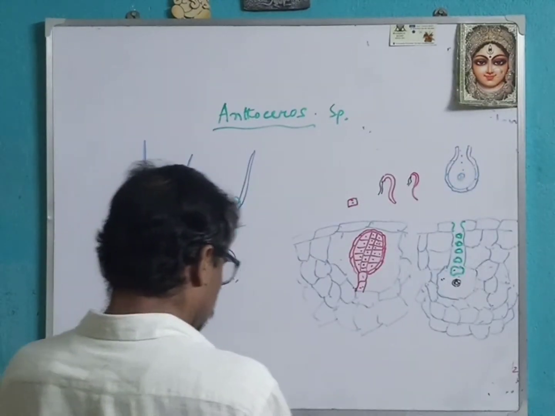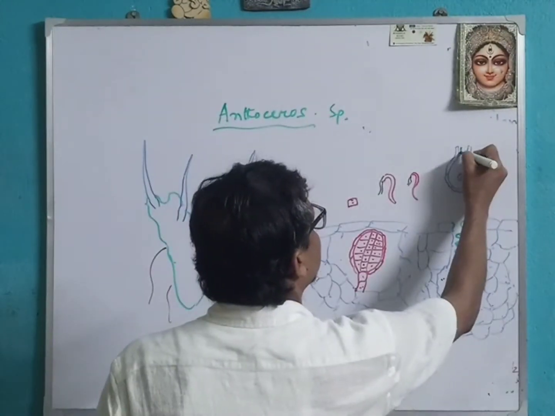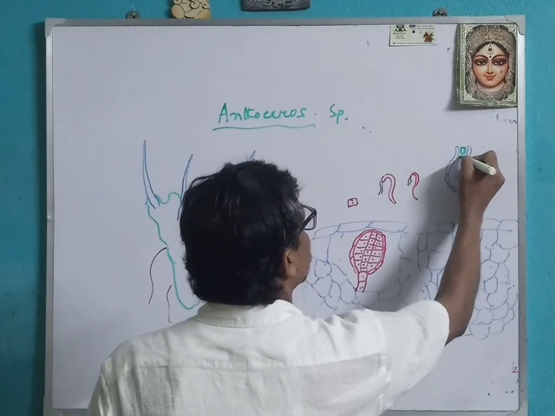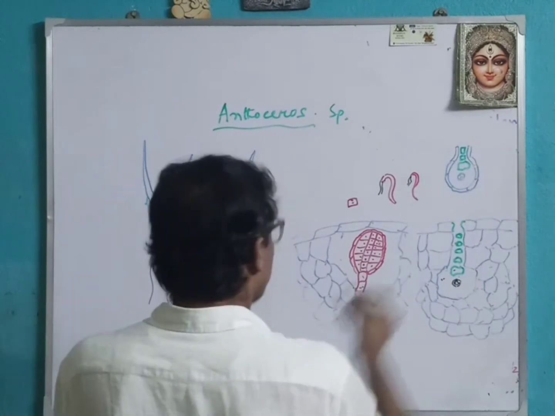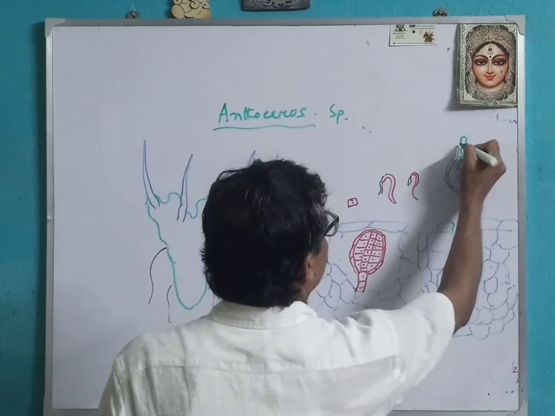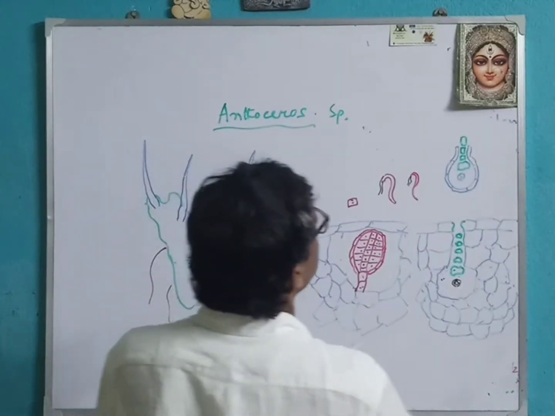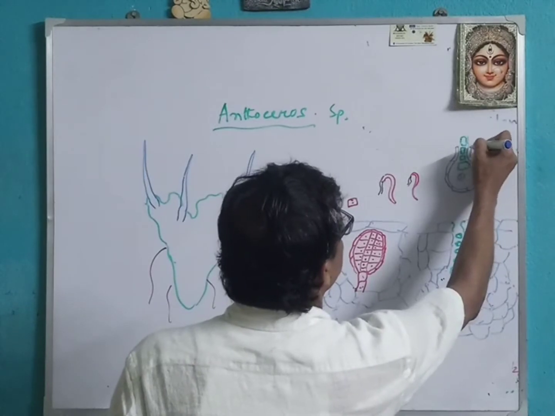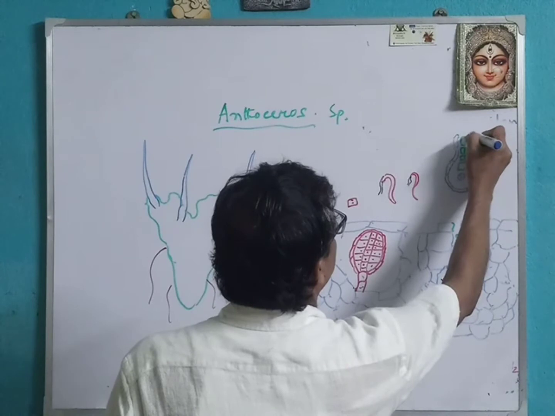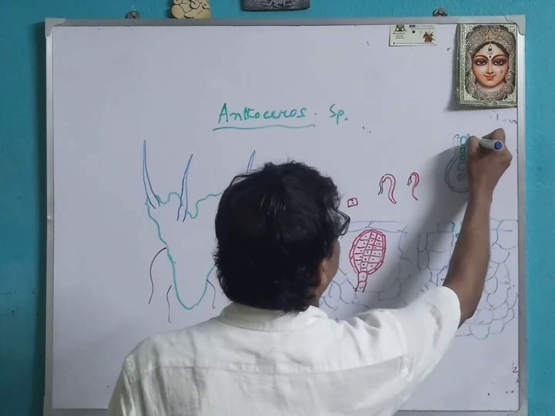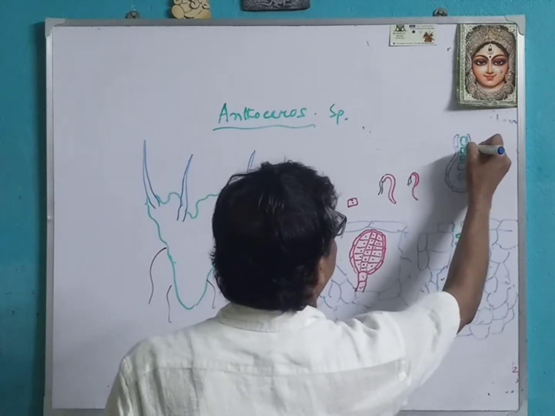So this slit was bearing neck canal cells. So these are neck canal cells and this is the ventral canal cell. So this is also a neck canal cell and this is a neck. So these are neck cells and these are neck canal cells.